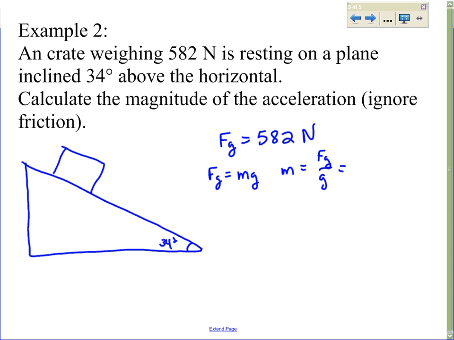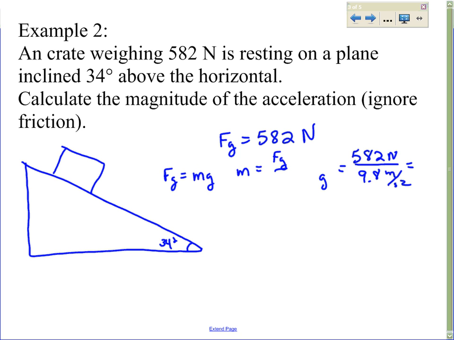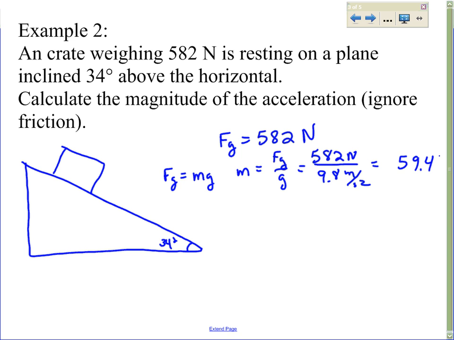So Fg, 582, divided by 9.8, the acceleration due to gravity, and the mass of this crate is 59.4 kilograms.